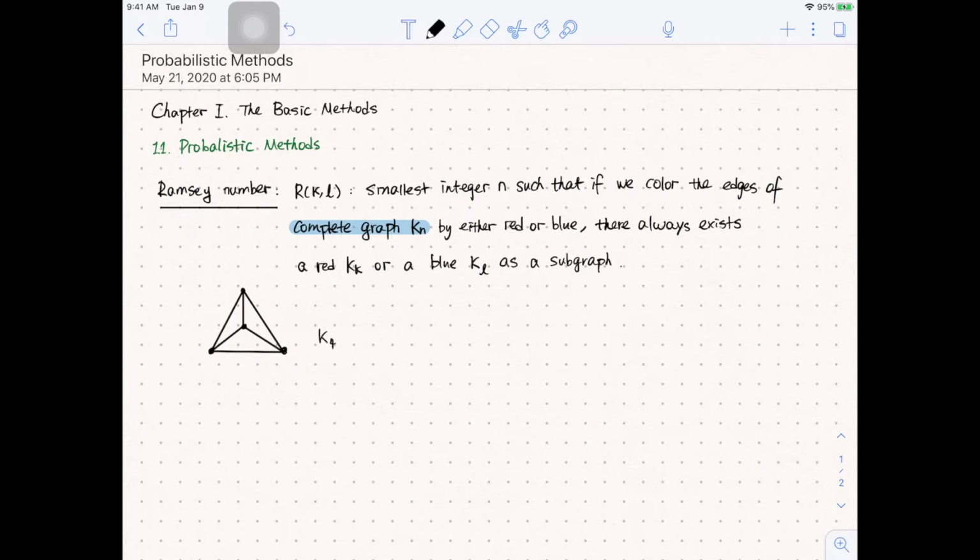Here's the proposition. What this proposition is telling you is that the Ramsey number grows exponentially in the parameter of the Ramsey function. In order to show that this proposition is true, let's read it in a slightly different way.